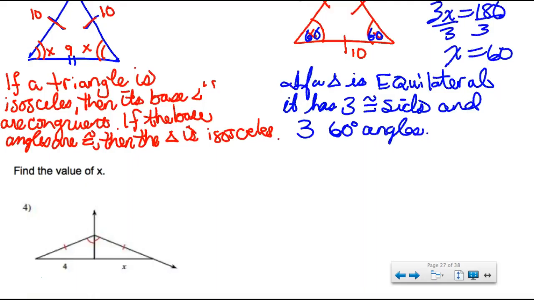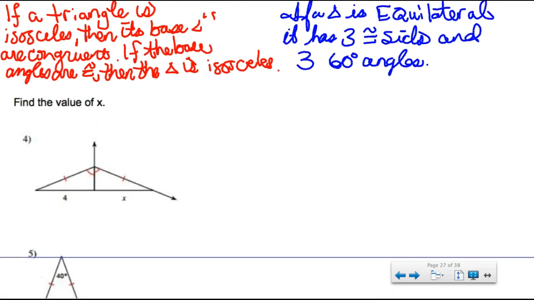So now let's go apply this and we'll be done. This says find the value of x. So let's look at what I've got marked here. I've got this angle the same as this angle. I've got these two sides the same. And what that tells me is I have an isosceles triangle. For isosceles triangles, I know the base angles are the same. So now what I know is that these triangles are the same, and let's repeat why they're the same.